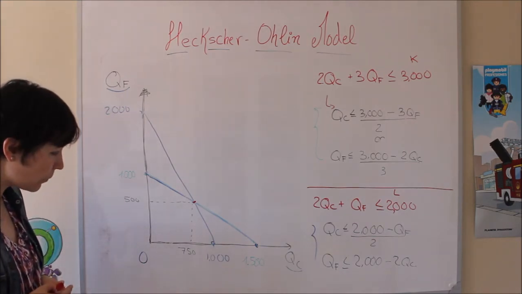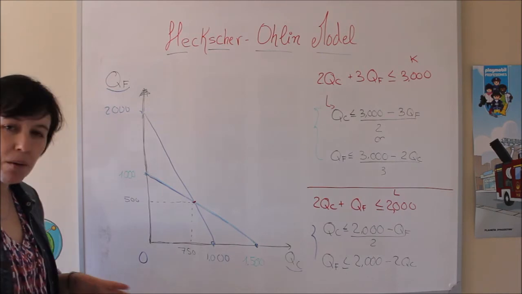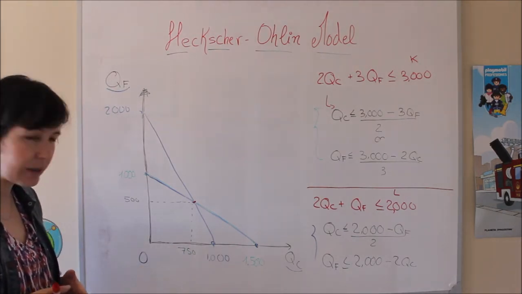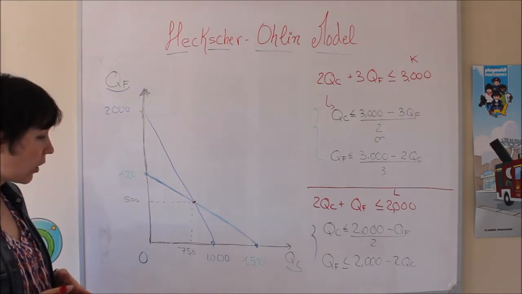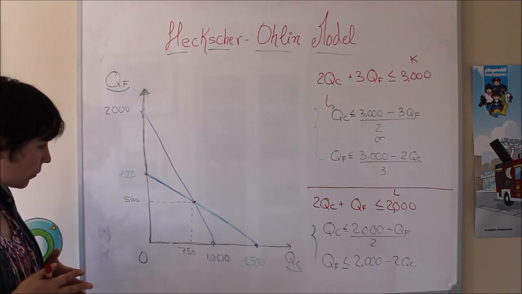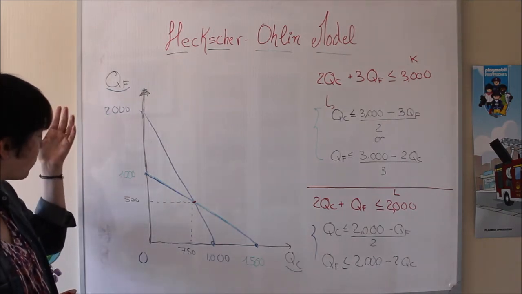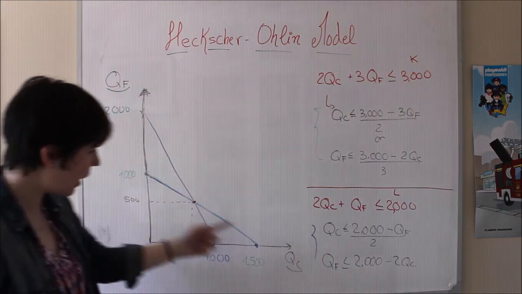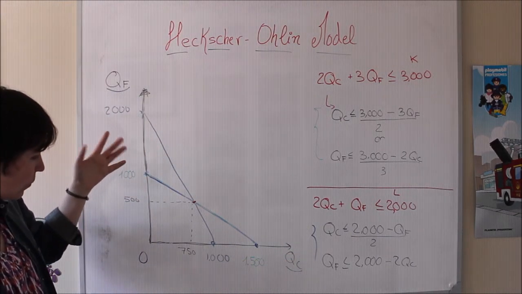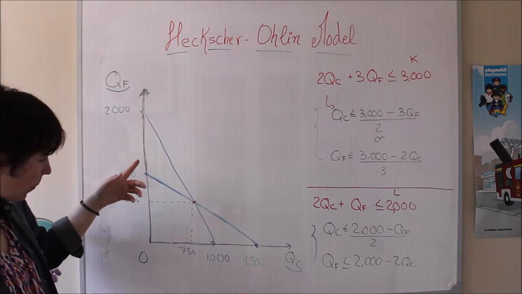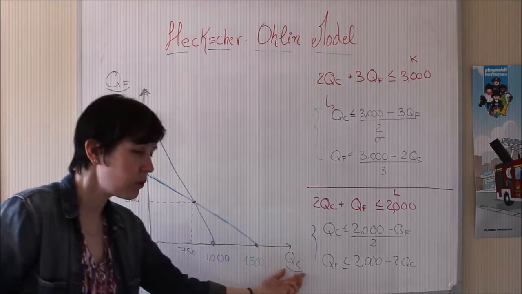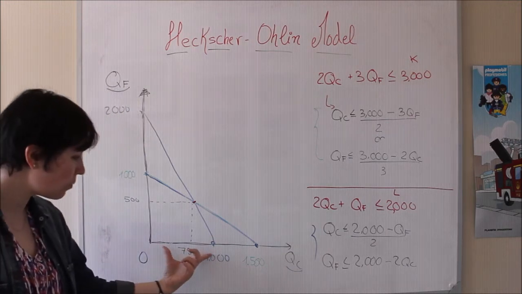On one hand, if you remember, the cloth one was the sector in which the intensity of labor was higher than the use of capital. We can see that labor was the blue line. So in that case, you see that the amount of that good, the cloth, produced is smaller.